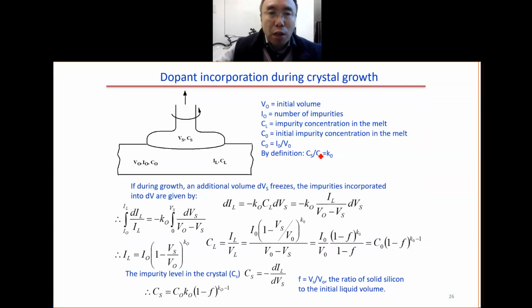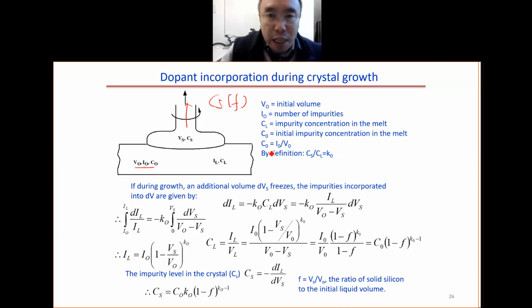So now we want to know the dopant concentration. We want to know Cs as a function of the fraction of the liquid that has solidified. So we want to know the dopant concentration along the boule, along the cylinder. At the beginning, we have the volume V0, and I0 is the total number of impurity atoms, and C0 is the initial impurity concentration.